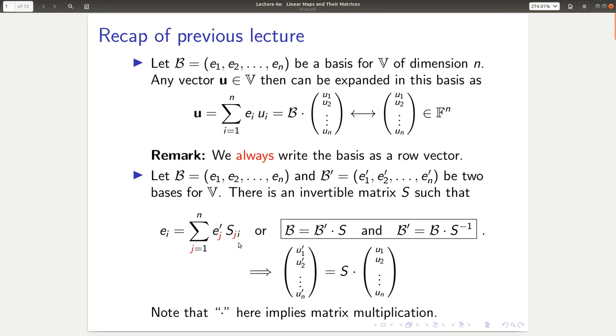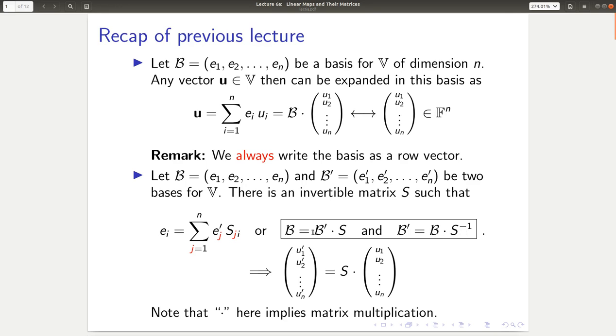So whenever we have matrix multiplication, there's always a summation of this variety involved. Okay, so that's why, in this way of writing, you observe that we have to put the matrix S on the right. So this is a compact notation: b equal to b prime S and b prime equal to b S inverse.